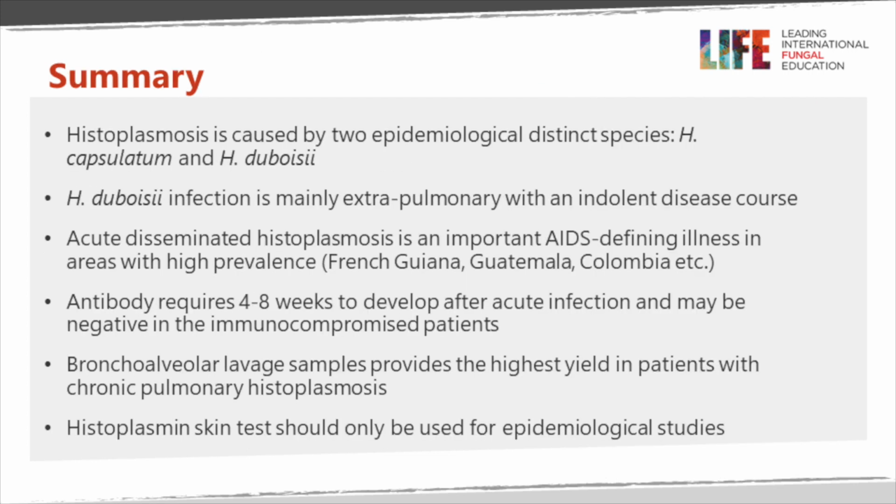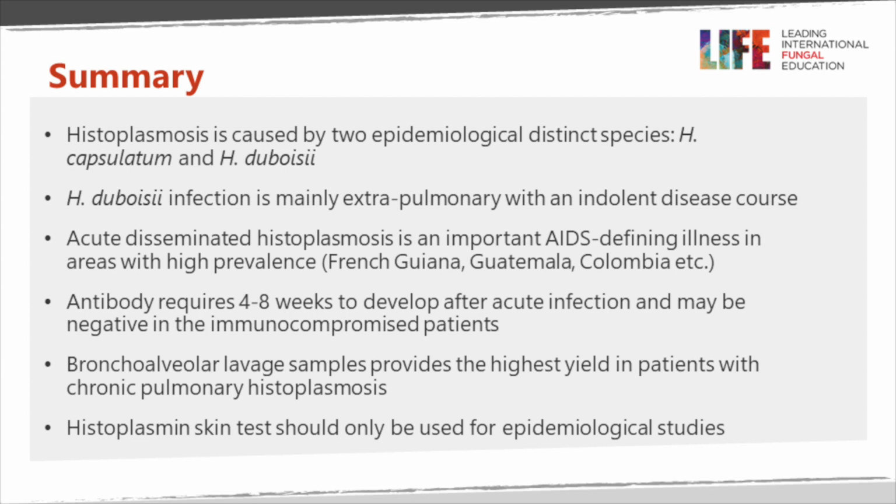So in summary, histoplasmosis is caused by two quite different species in epidemiological terms, capsulatum and duboisii. Formally, they haven't been separated as species and are regarded as varieties, but from a clinical perspective, they're very different indeed. Duboisii infection is mainly extrapulmonary with a very slow subacute or chronic course.